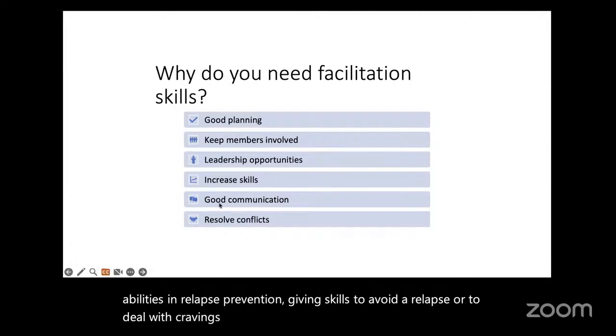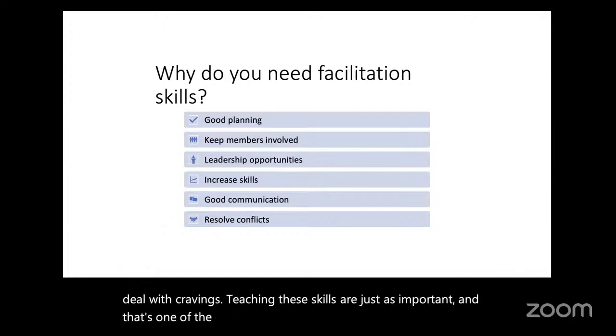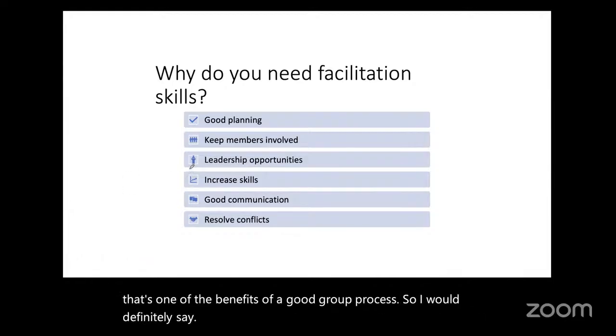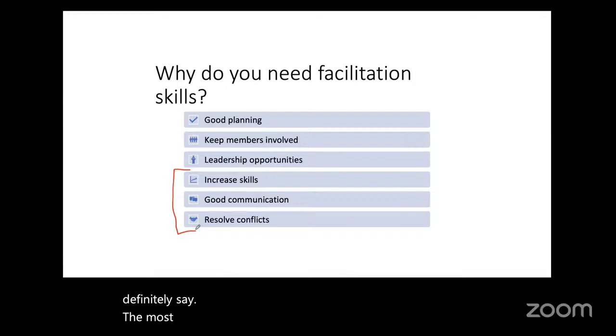Teaching these skills is just as important, and that's one of the benefits of a good group process. So I would definitely say the most important things that a facilitator can do is promote these three things. Okay.